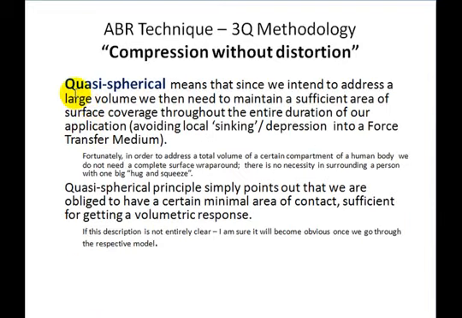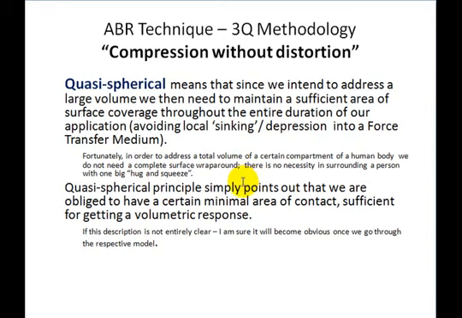So quasi-spherical means that since we intend to address a large volume, we need to maintain a sufficient area of surface coverage throughout the entire duration of application, so that we avoid local sinking and depression into a force transfer medium. And as I already mentioned, fortunately for the biointegral range, in order to address a total volume of a compartment of the human body, we don't need a complete surface wrap around.